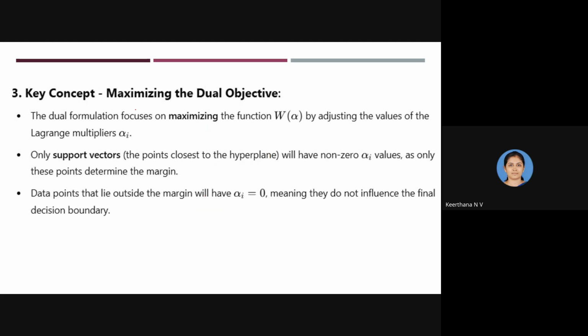How do we maximize the dual objective? The dual formulation focuses on maximizing this function by adjusting the values, keeping them greater than or equal to 0. They should always be contained within the weight vector.